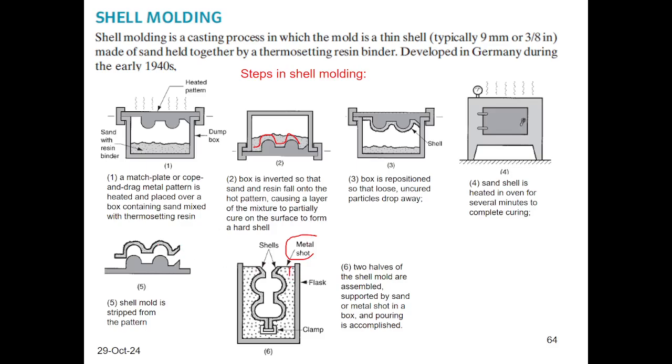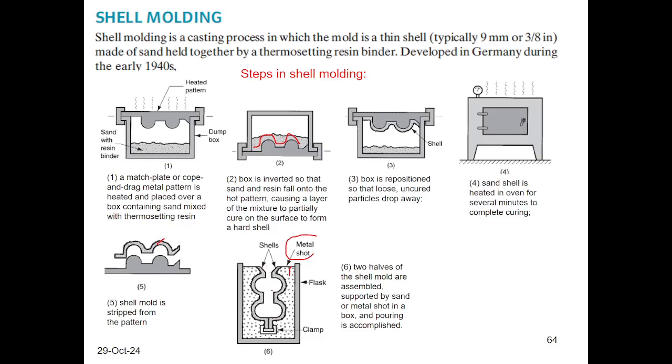And we have one half of the mold, it is a shell. While repeating the process, we have the other half, and then we place the shells into the flask. Thanks to the existence of metal shots, we can position them to have the geometry of the casting.